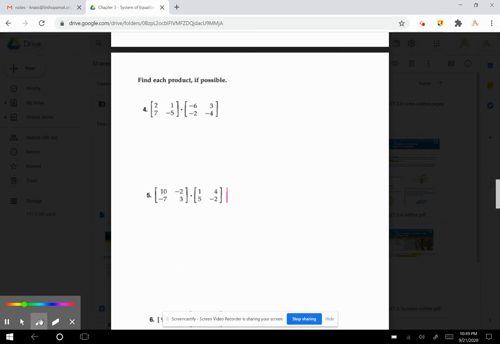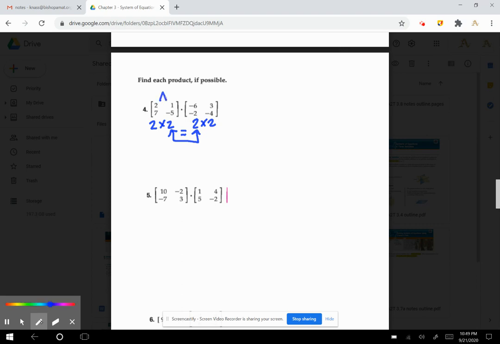Before you write it down, I want to rewrite this because it'll be easier. Let's first see if we can multiply it. This dimension here is a 2 by 2, and this dimension here is a 2 by 2. Because the inner numbers are equal, yes, you can multiply them. So let's begin to multiply them.